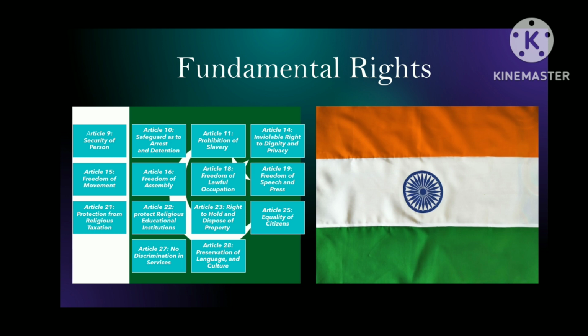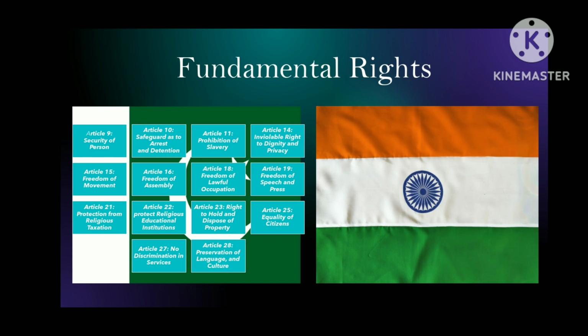In Article 10, safeguard as to assault and detention. In Article 11, prohibition of slavery. In Article 14, inviolable right as to dignity and privacy. In Article 15, freedom of movement. In Article 16, freedom of assembly. In Article 18, freedom of lawful occupation.